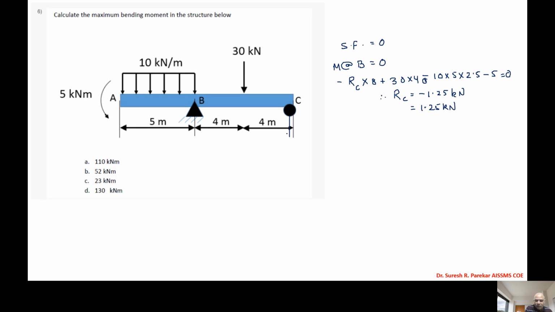Now if it is downward, it will be very clear that we have shear force 0 only at point B. And we know the moment at C is 0.